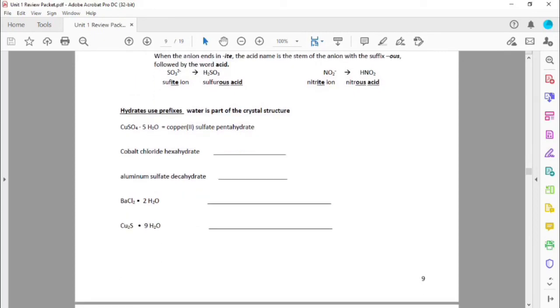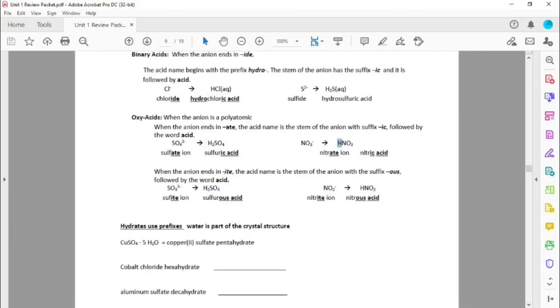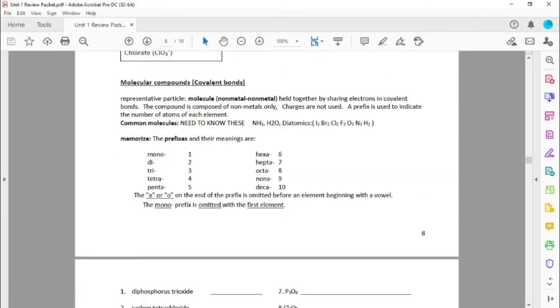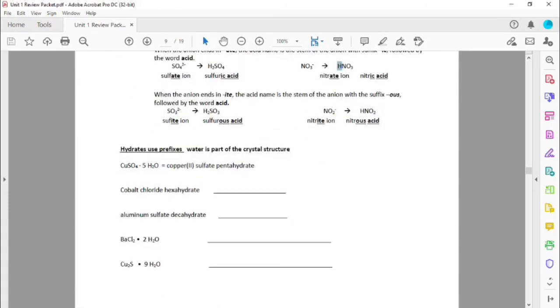And then we have some hydrates. Hydrates are going to use those same prefixes we saw for covalent compounds in order to tell how much water they have. And so this copper sulfate, and specifically copper 2 sulfate, has 5 waters on it, so that is going to be pentahydrate.